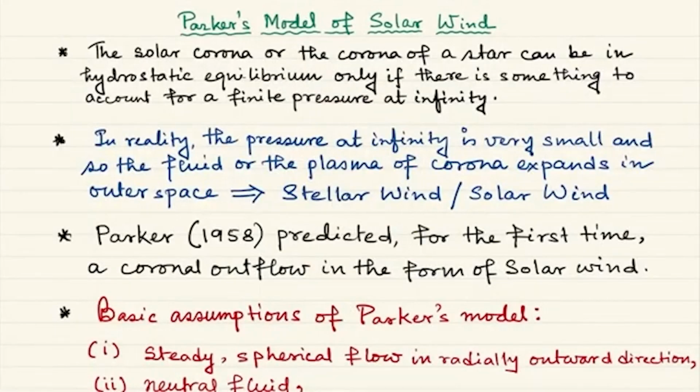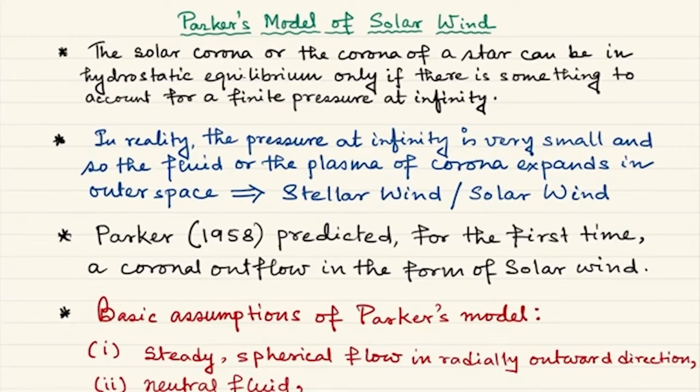So now Parker was the first one who concluded that the solar corona, or the corona of any star, cannot be kept in hydrostatic equilibrium only by the interplay of gravity and hydrostatic pressure.